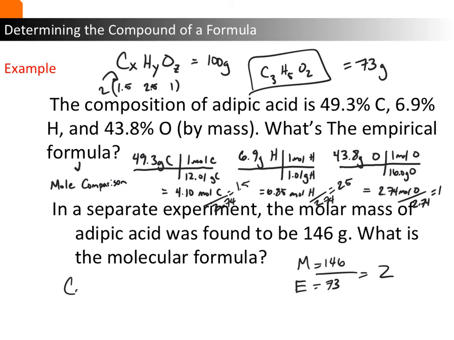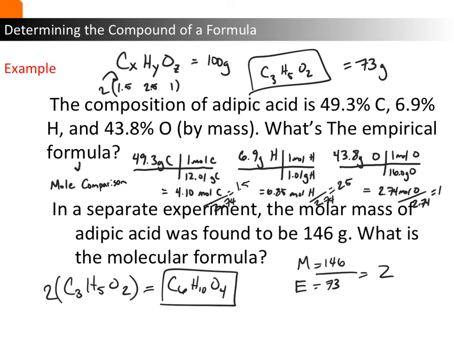So essentially what that means is that the molecular formula is twice the ratio of the empirical. So if I take C3H5O2 and I multiply it by 2, then what I get is C6H10O4. And that is the molecular formula of the adipic acid. By comparing the molar mass of the empirical to the molar mass of the known molecular, I can figure out the ratio which I have to multiply my empirical formula by in order to get the full molecular formula.